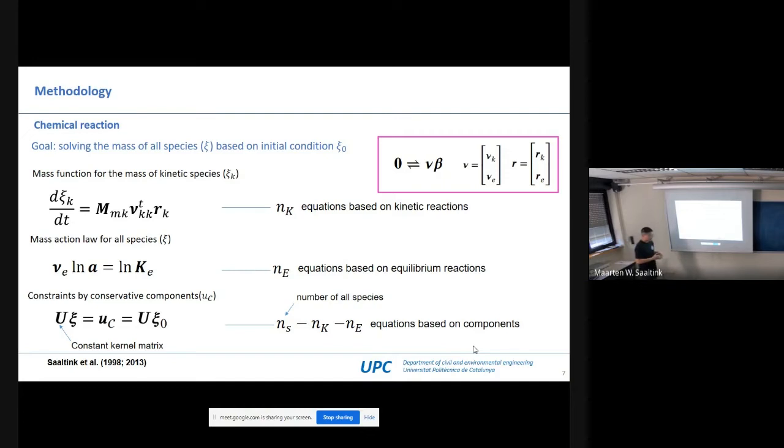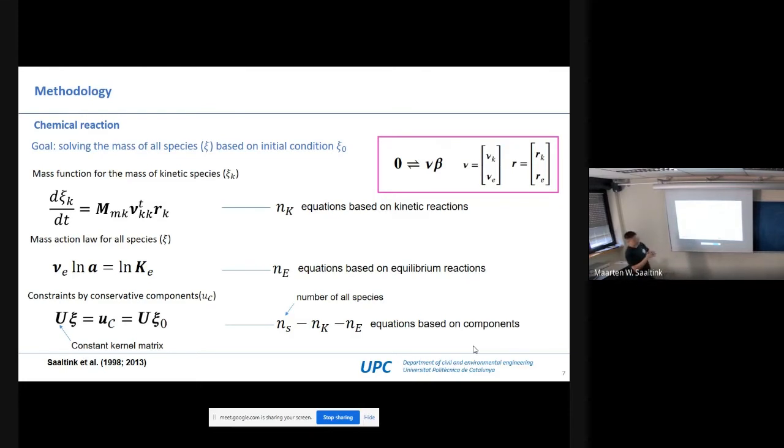I will give you an example. When liquid water evaporates into gaseous water, or water vapor, the mass of the liquid water will reduce, and the mass of the water vapor will increase.